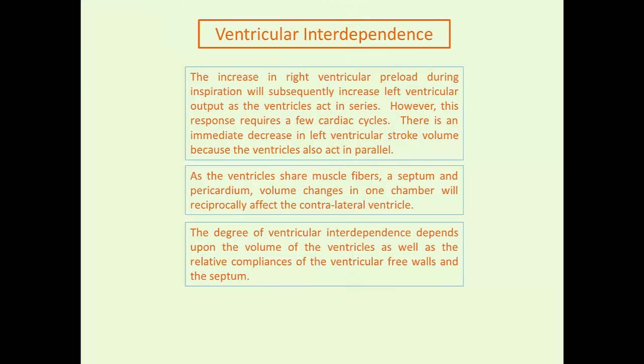I forget who published a model on this, of ventricular interdependence and gain between the two, and they model this mathematically, that it's essentially a ratio of the elastances or compliances of the free walls versus the septum.